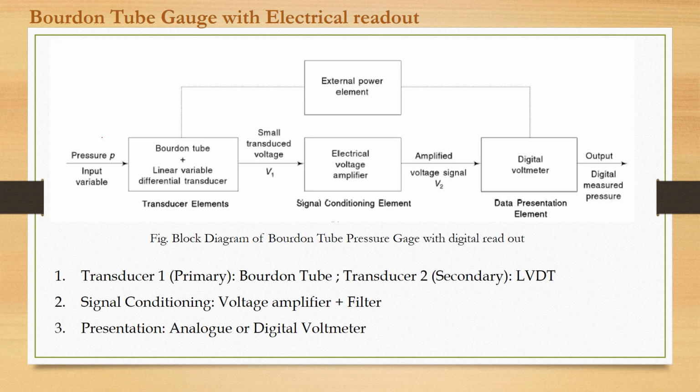So you can see here initially we are sensing the pressure, and for that we have the Bourdon tube. So this will sense the pressure, and it will convert the pressure signal into the displacement signal. Now what we have done, we have installed an LVDT, that is linear variable differential transformer.